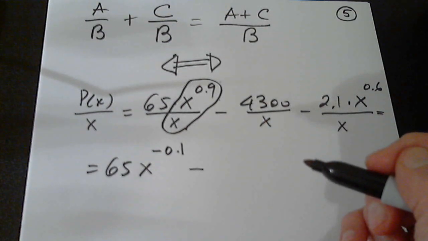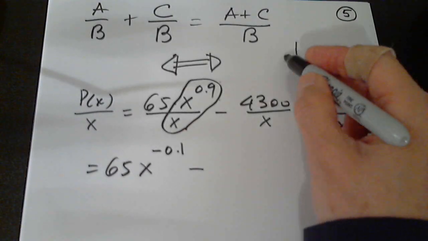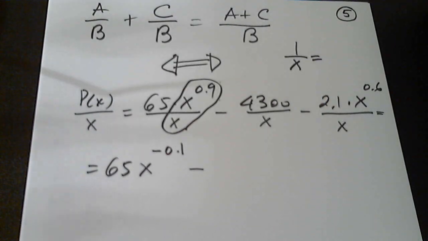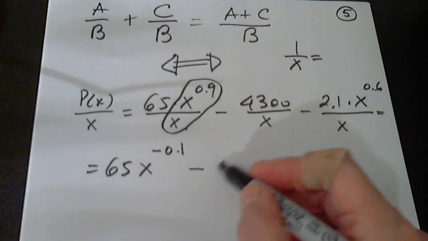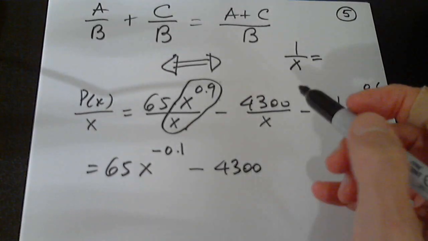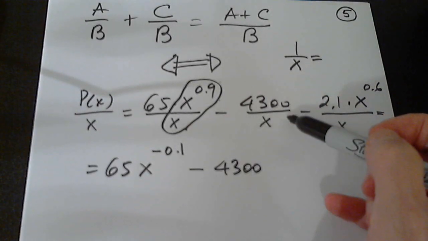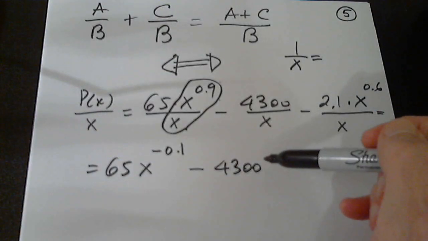Minus. Is there another way of writing 1 over x without fractions? Minus 4,300 to the negative exponent. So remember, 4,300 is multiplied by 1 over x.